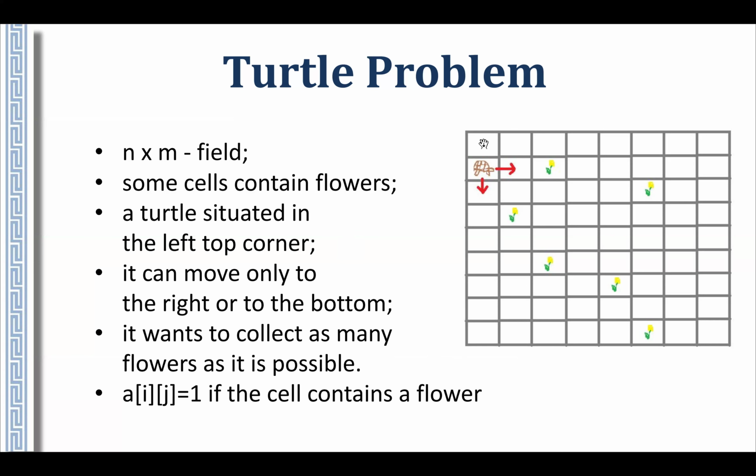We can see that any way for our turtle starts from this left top corner, goes somehow and comes to the right bottom corner. Any other way is something similar, also starting here and finishing here. So we always start from the left top corner and finish in the right bottom corner of our field.